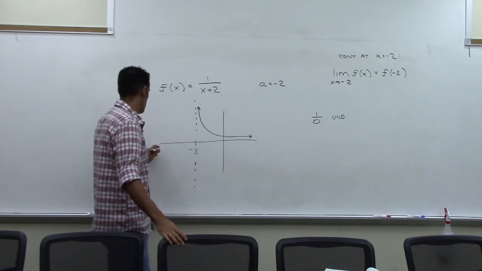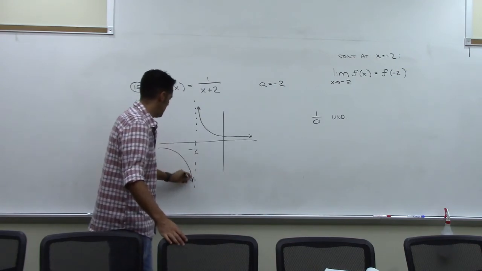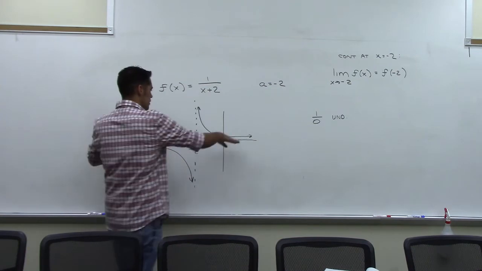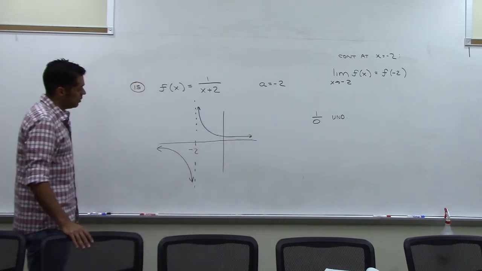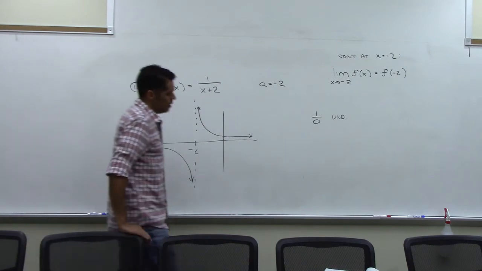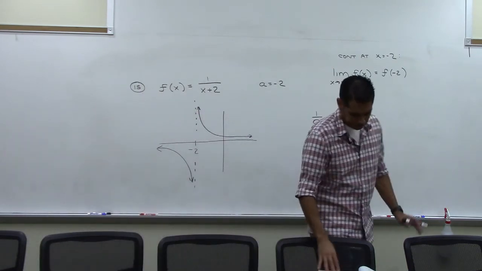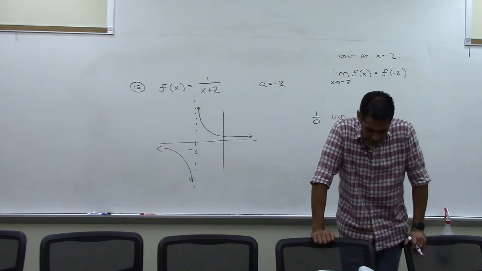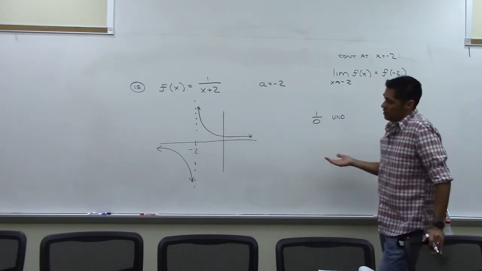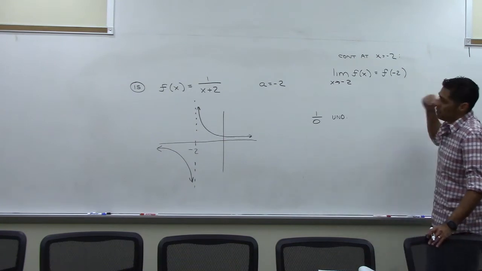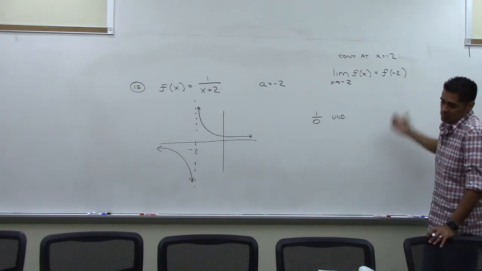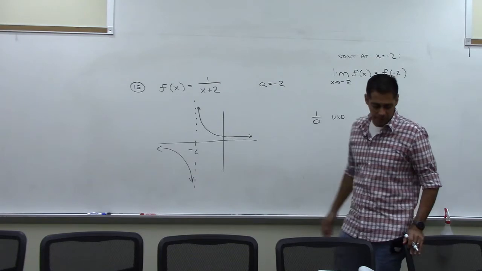And then on this side, you would have negative like that. And then you would even have a horizontal asymptote, but that's not important right now. All right, so that's what it would look like. So it's asking here, explain why the function is discontinuous. Our explanation could be, well, we have an infinite discontinuity, or we could even say that the function is not defined at -2. Either way, it's discontinuous.